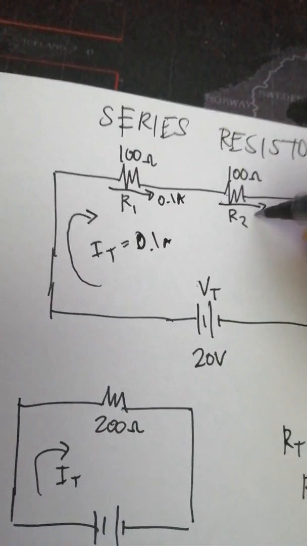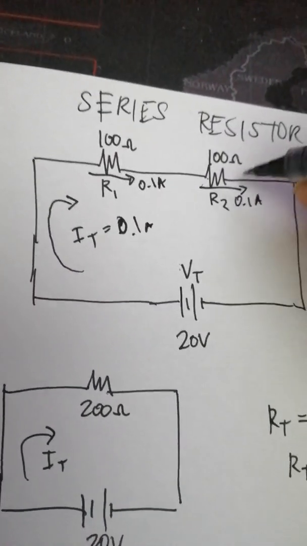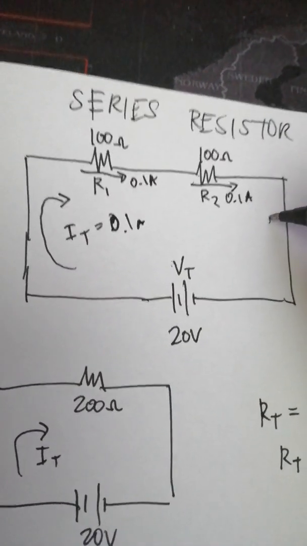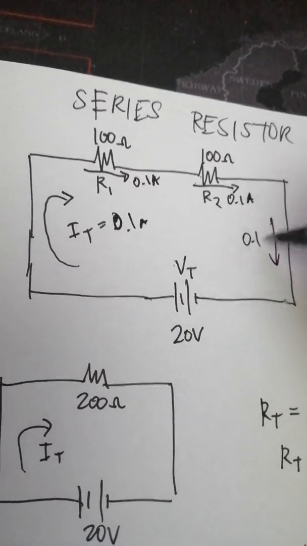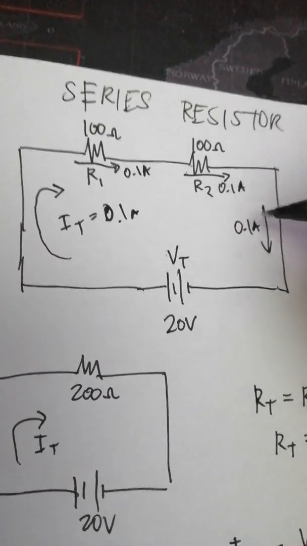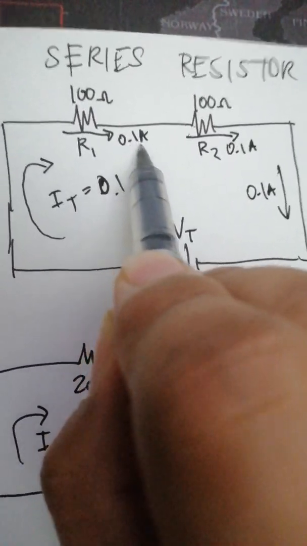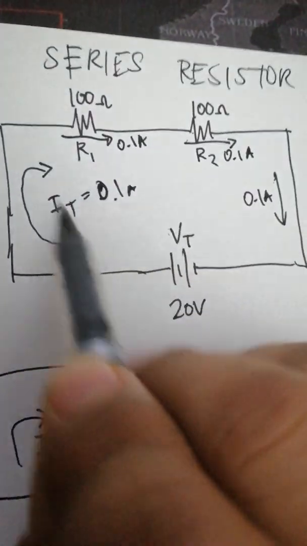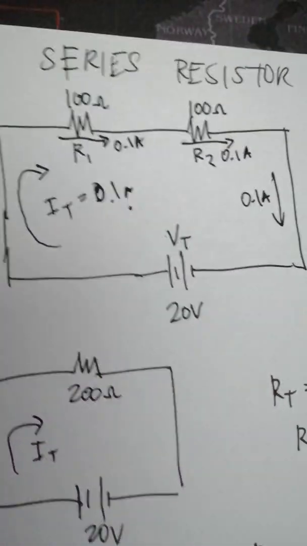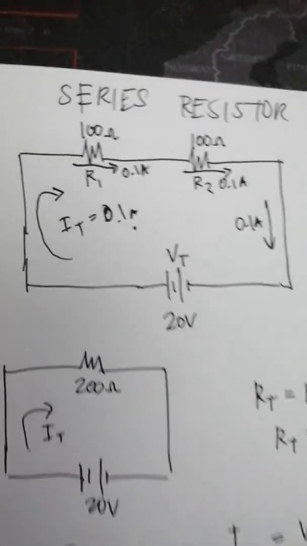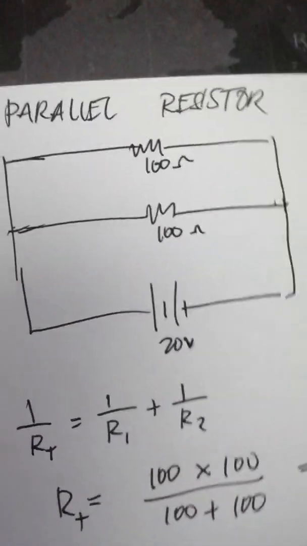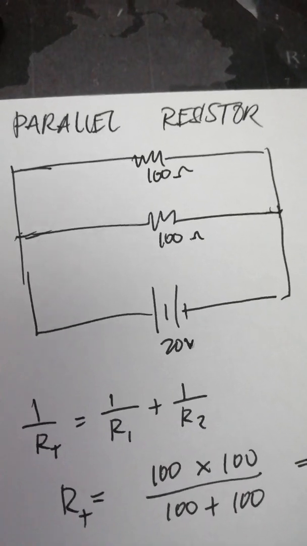Also here, 0.1 ampere. It will be the same, and whatever goes out here, it will be still the same, 0.1 ampere. So that's the correct current here, 0.1 ampere. That would be very different if we are going to tackle parallel resistors.